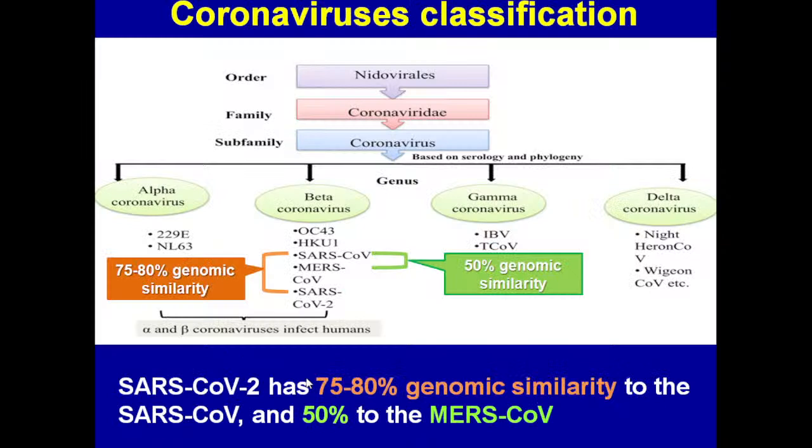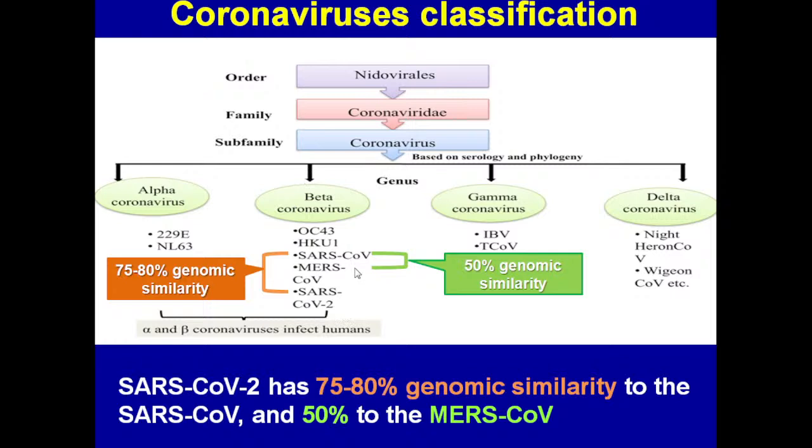So, classification of the coronaviruses. You can see that it is Nidovirales, that is the order, and the family Coronaviridae, then the subfamily Coronavirinae. And based on the serology and phylogeny, we may have alpha, beta, gamma, and delta coronaviruses. You can see here the names of those coronaviruses, but all those that we are interested in belong to the beta coronaviruses.